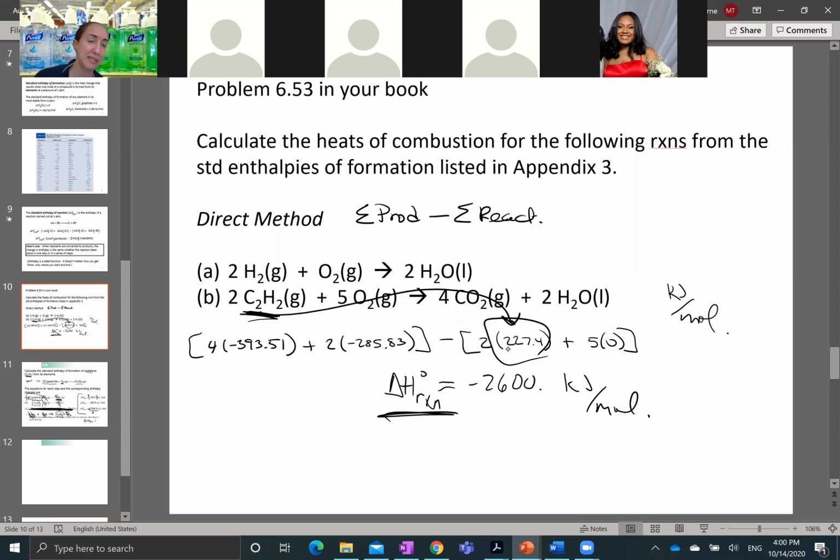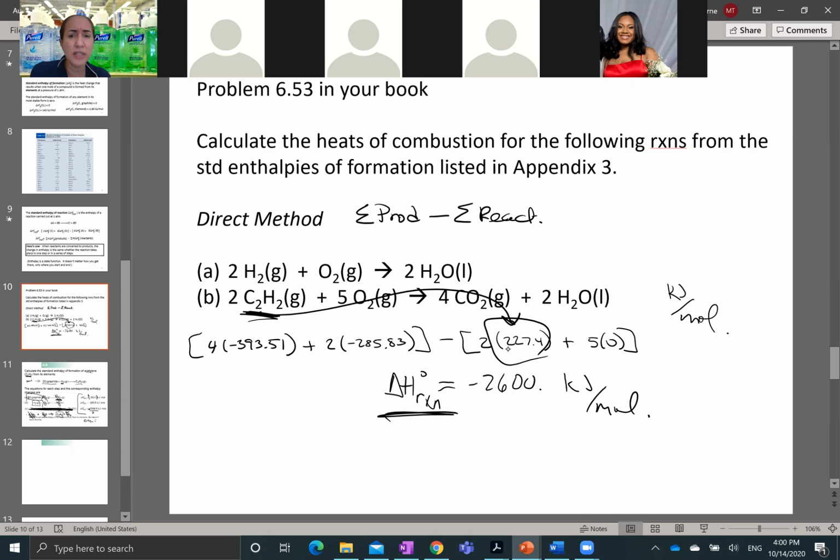That's why I asked, in the book. That's the only reason I asked, did you get that number from calculating? But yes, it should be the same number, because the actual value for the enthalpy of formation of acetylene is 220. I think your book has 226 point something.